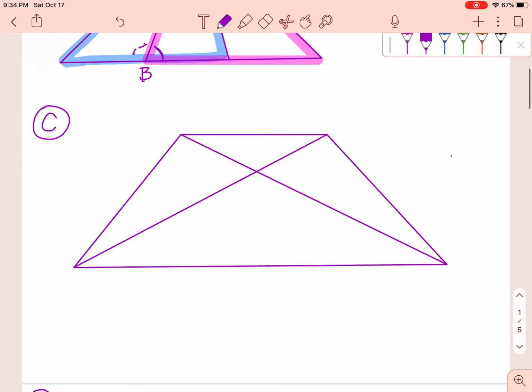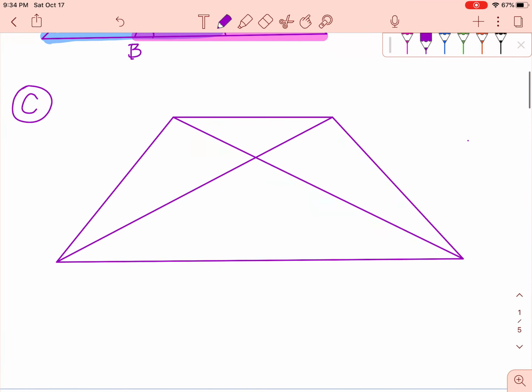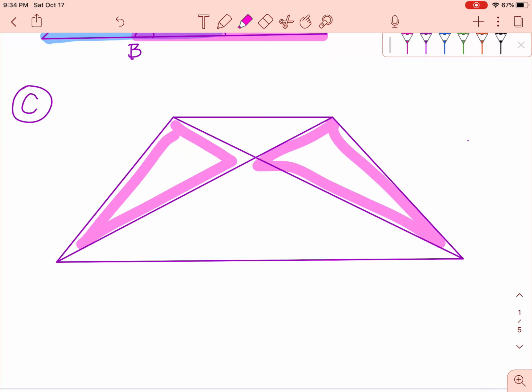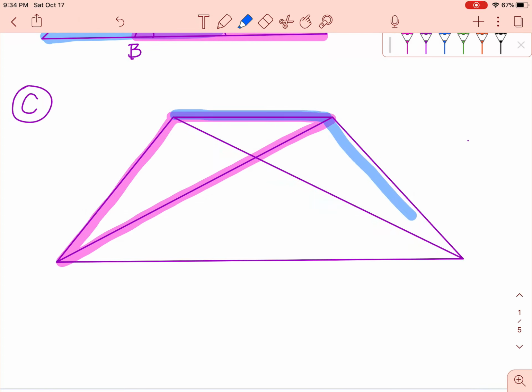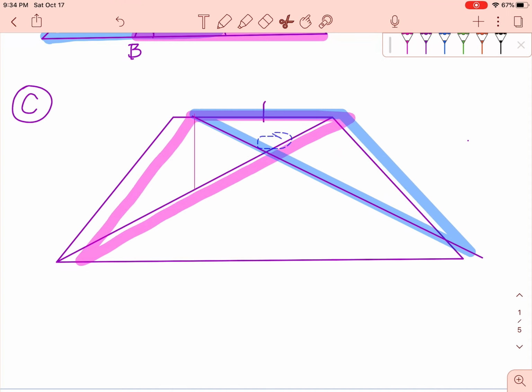And then C looks very similar to the first one. Again, you guys try to jump in right here like, oh, I have these triangles and they have vertical angles congruent, which is absolutely true. But you also have this triangle up here and this triangle right here. And what is so special about these triangles is that you have a reflexive side. So it's like, well, that's really nice. You might be able to use that reflexive side, right?